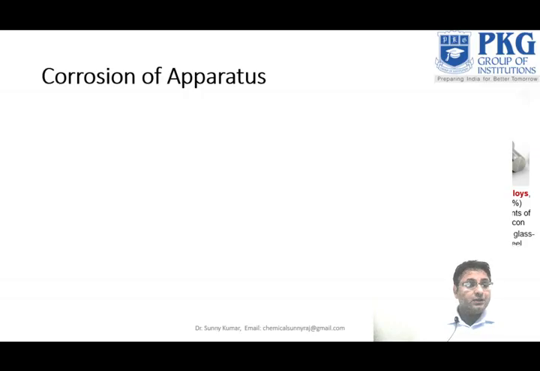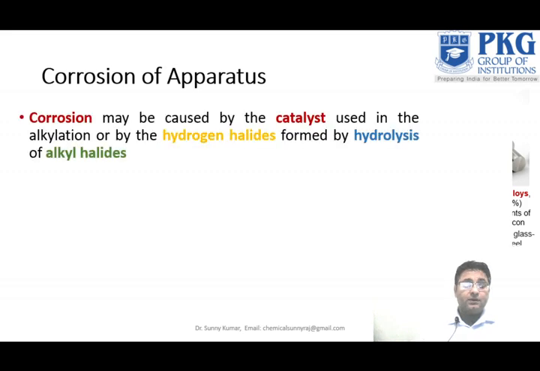So this is the main property we do not want; the instrument should not be affected by this. The corrosion may be caused by the catalyst used in the alkylation or by the hydrogen halides formed by the hydrolysis of alkyl halides.